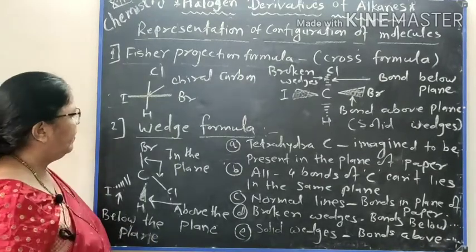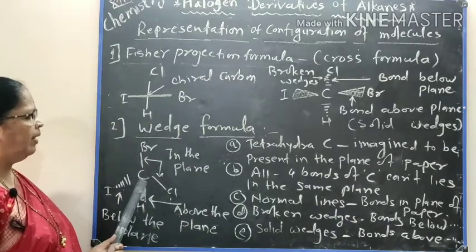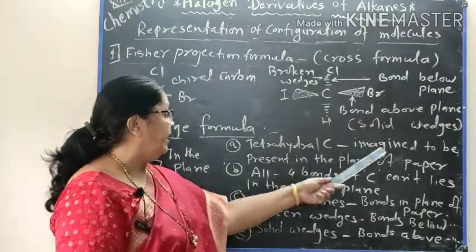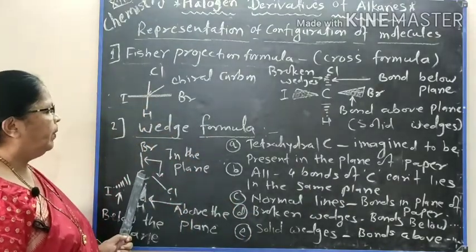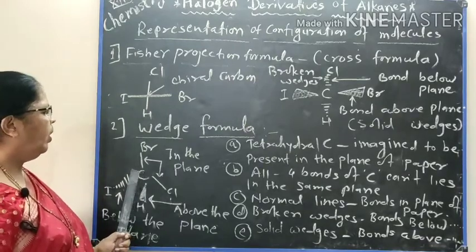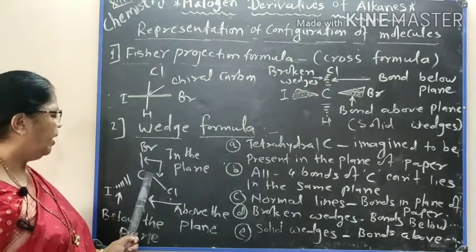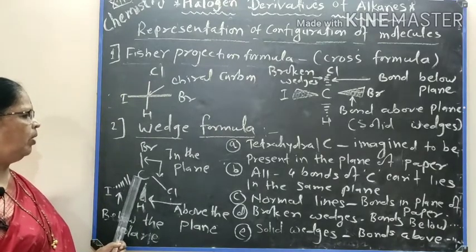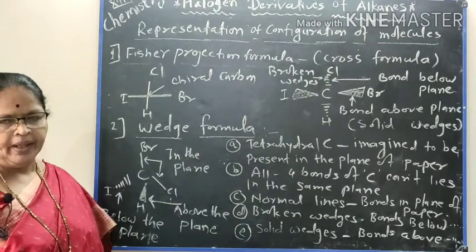Again, we will see here there is one carbon which is a tetrahedral carbon atom, which is imagined to be present in the plane of paper. All these four bonds of carbon, that is carbon-Br, carbon-Cl, carbon-iodine and carbon-hydrogen, these four different bonds of the carbon atom cannot lie in the same plane.